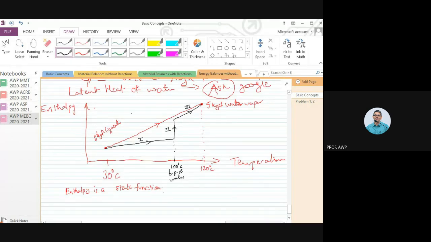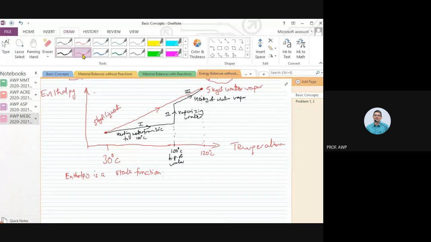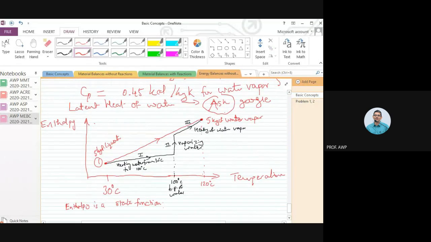So step 1 is heating water from 30 degrees centigrade to 100 degrees centigrade. Then step 2 is vaporizing water, and step 3 is heating of water vapor, right? So we can call point number 1 our initial point. Point number 2 is our final point.